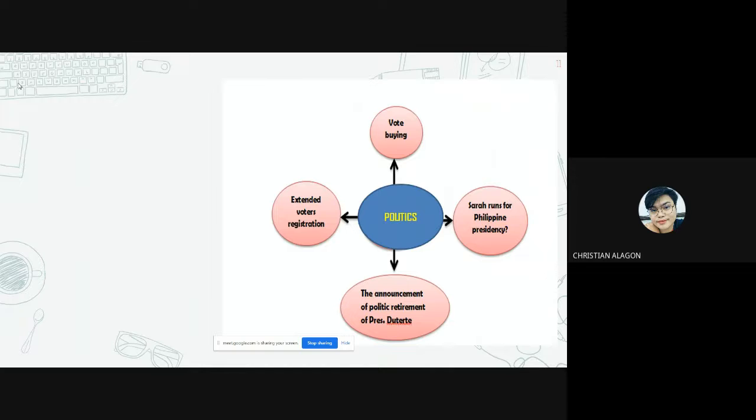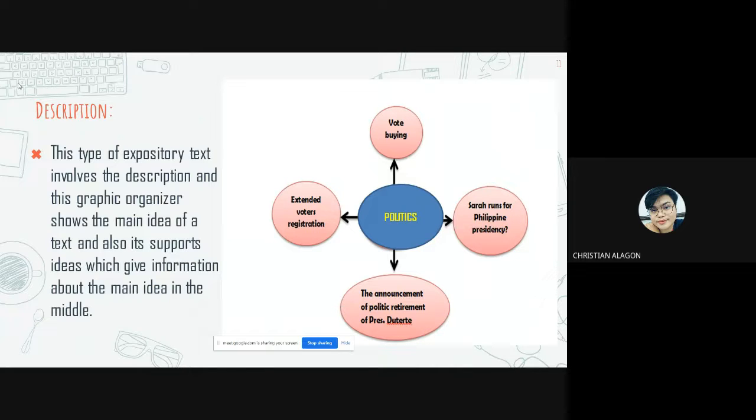What do you think this is? That is description. This type of expository text involves description, and this graphic organizer shows the main idea of the text, and it also has supporting ideas that give information about the main idea in the middle.